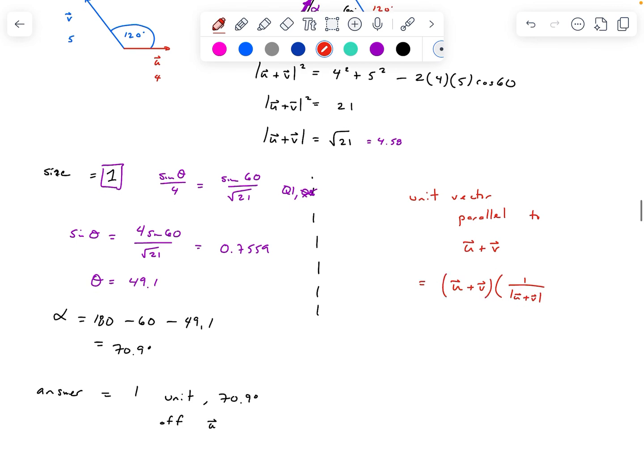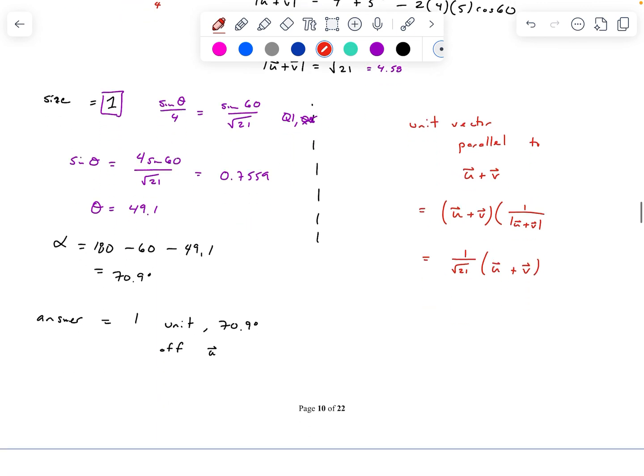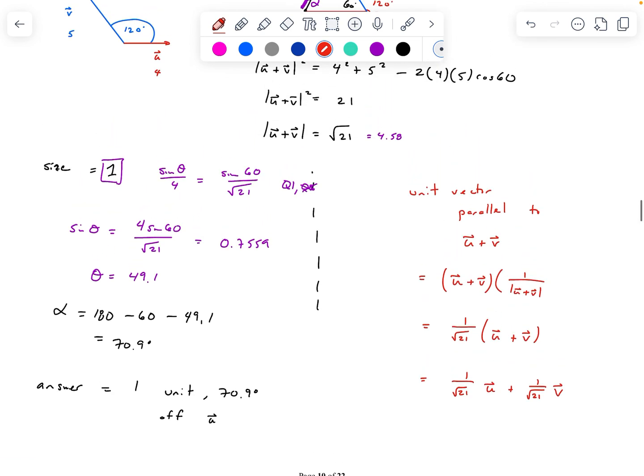So it's going to be 1 over root 21 times u plus v. And you could distribute that and say it's 1 over root 21 u plus 1 over root 21 v. And that would be the same answer.